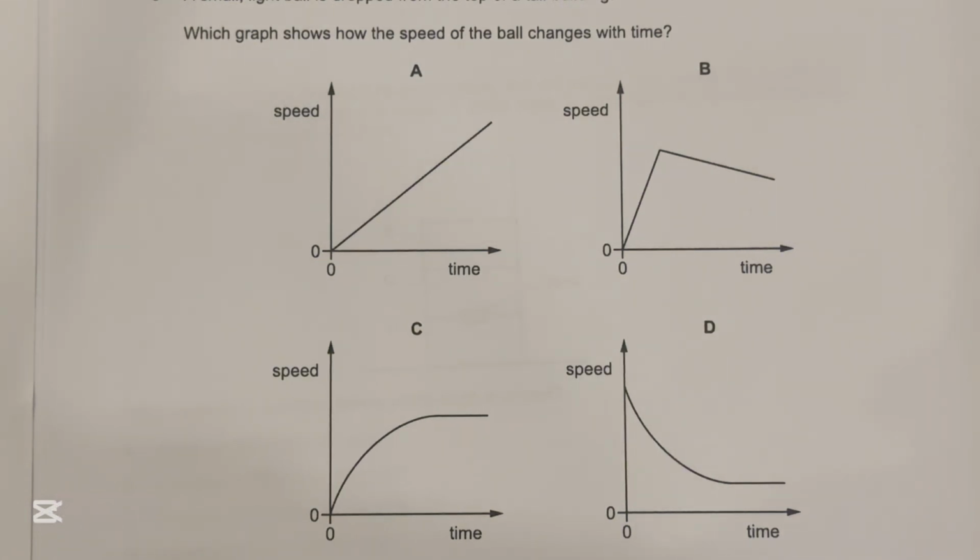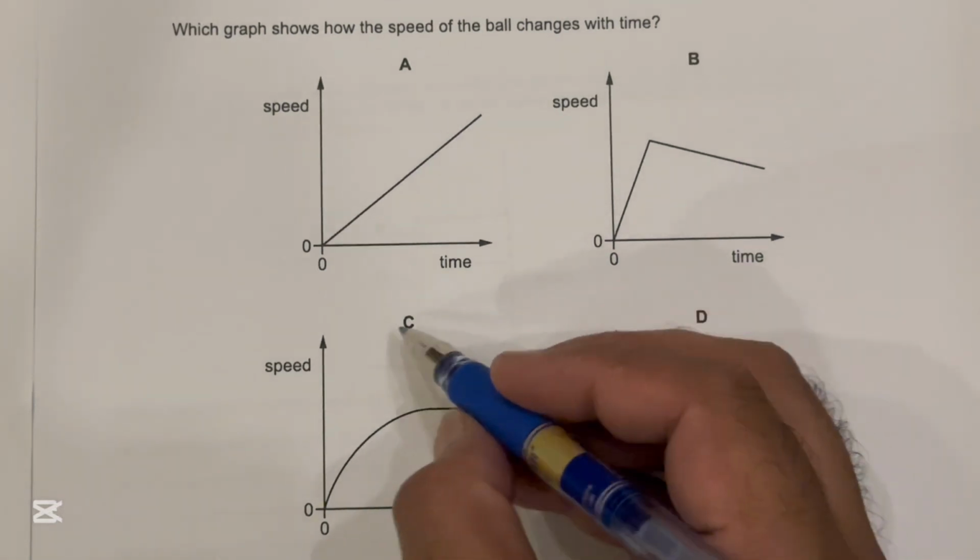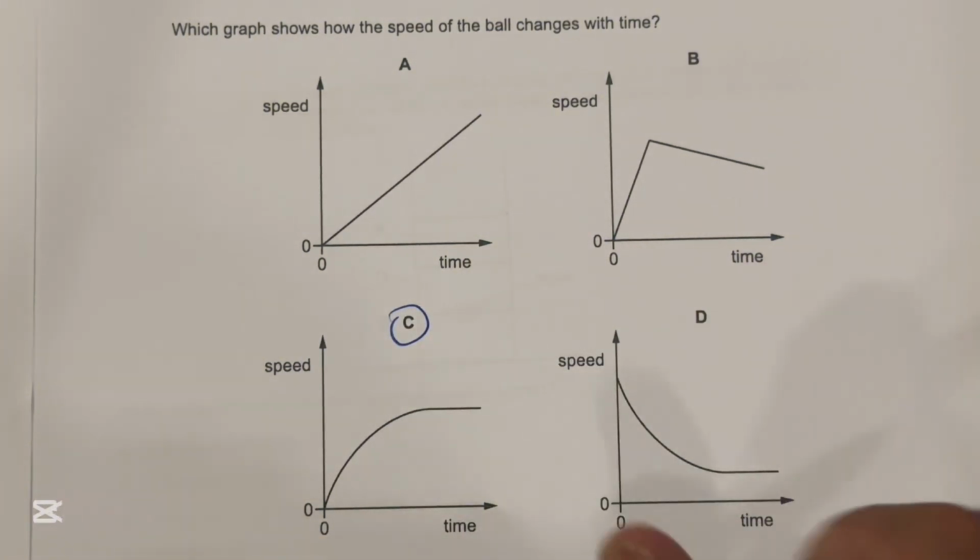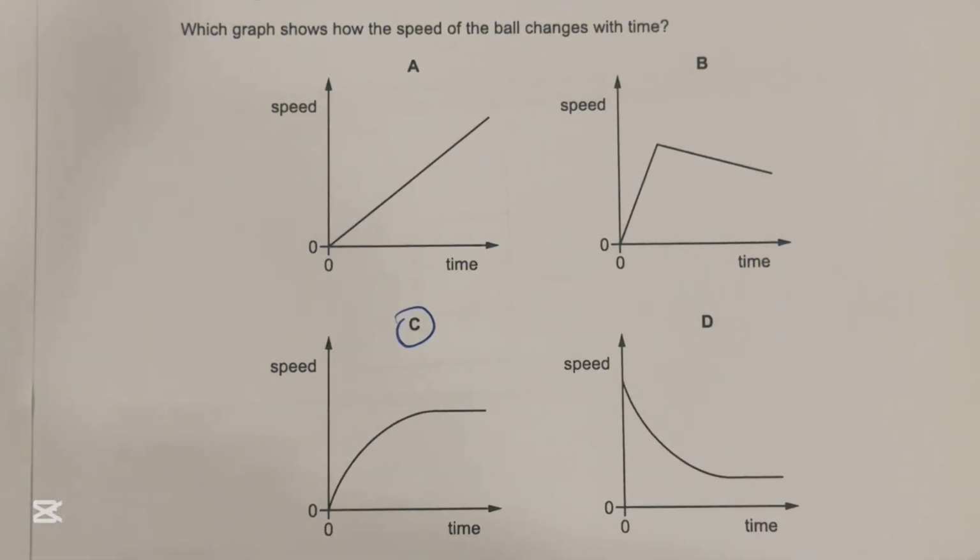At this point the net force becomes 0 and it reaches terminal velocity, and that's why the object moves down with a constant speed. So if we look at all these graphs, only graph C is showing that constant portion. So option C is the correct one.